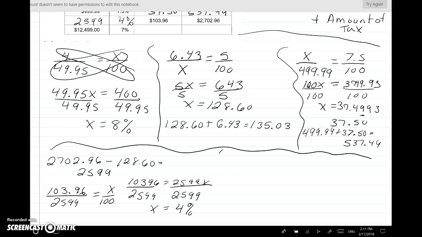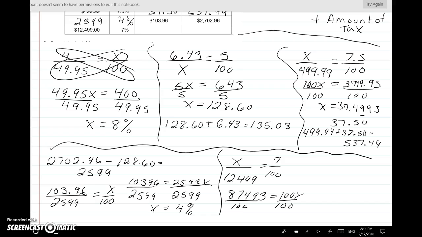And now for the last one. I don't know what my is, so let's put the x over 12,499 equals 7 over 100. 7 times 12,499 is 87493 equals 100 times x. Divide both sides by 100.